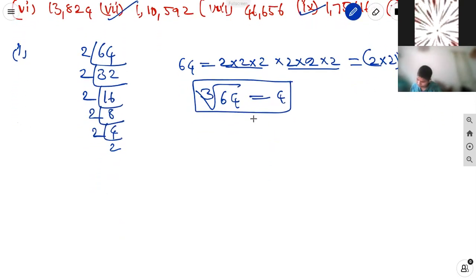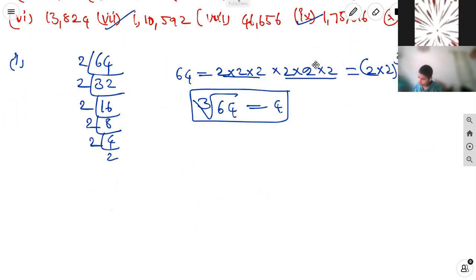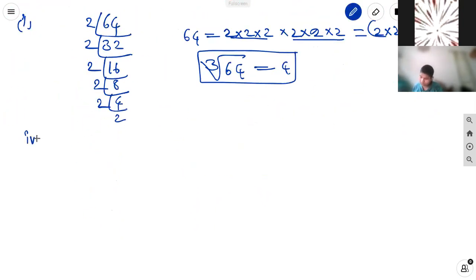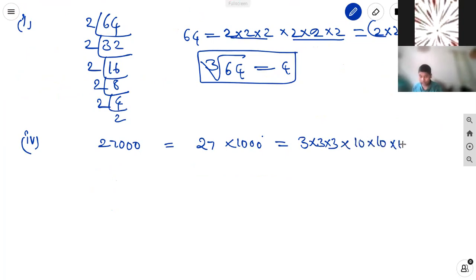Next, 27,000, the fourth one. From this we can write it as 27 into 1000, 27,000. 27 is 3 into 3 into 3, 3 threes are 9, 9 threes are 27. 1000 means 10 into 10 into 10.